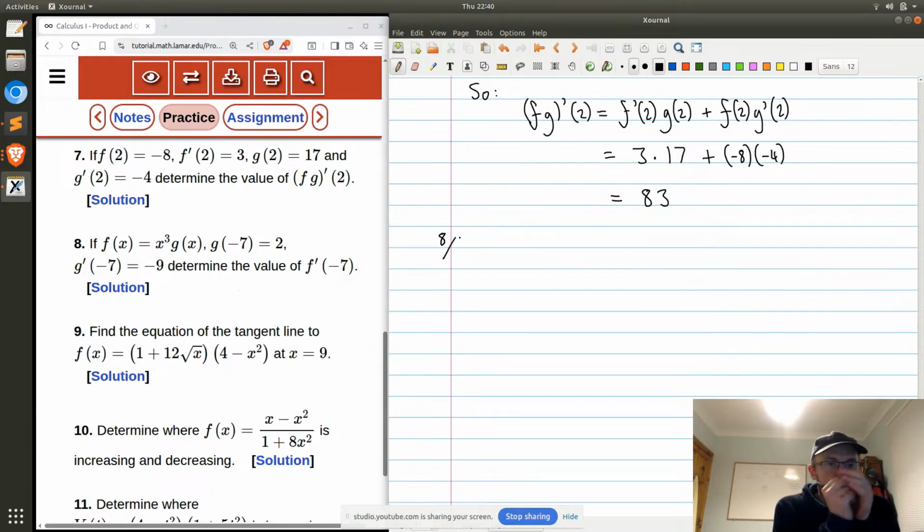Problem 8. If f of x is x cubed g of x, I'm sorry, what? Just roll with it. Just roll with it. We're going to turn that fact into this.